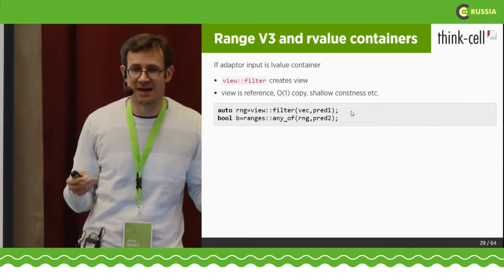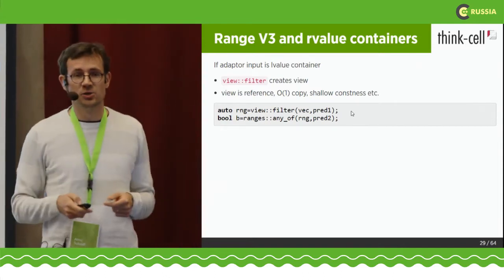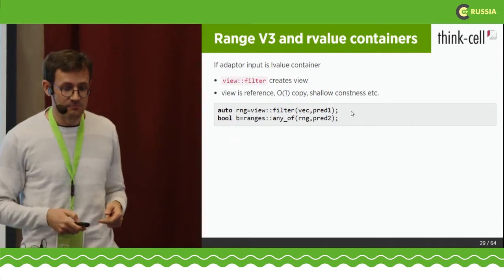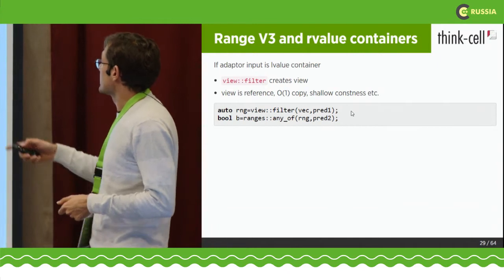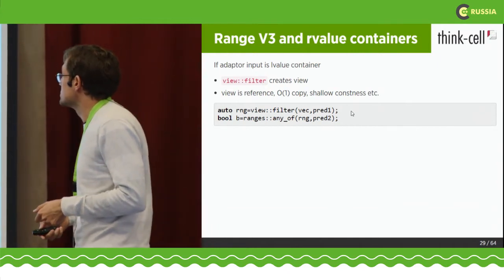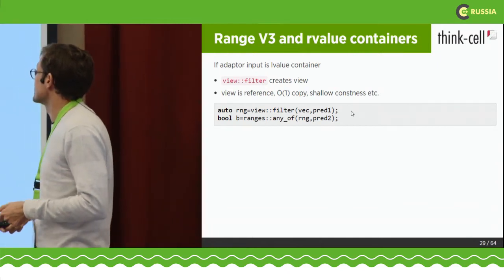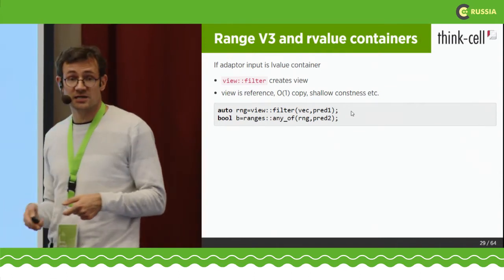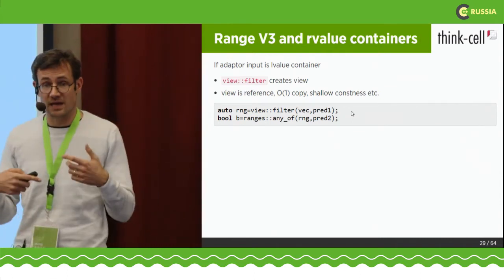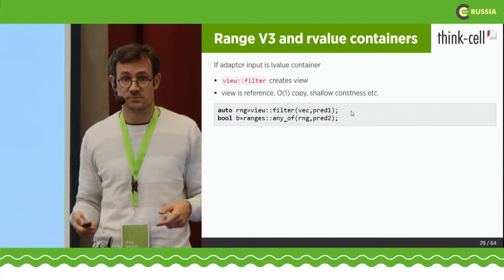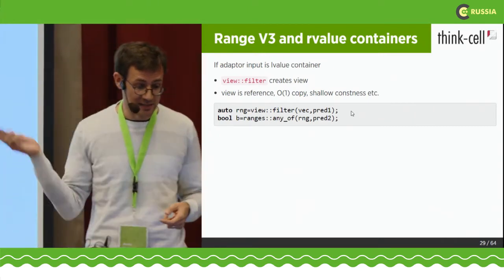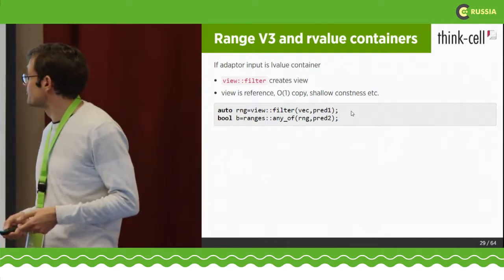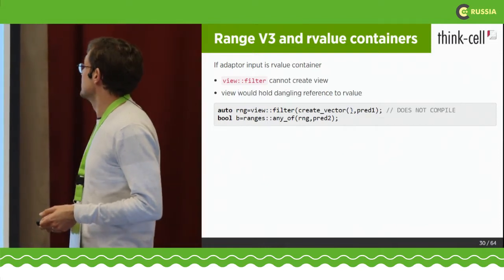They have that kind of iterator semantics. Sounds like a good idea. The problem that arises is the following. Say you do this, looks all good: you filter your vector with a predicate, and the filter object will just aggregate a reference to the vector. So as long as your vec stays alive, everything is hunky-dory, and you can do it just like I wrote here. Now, let's change that a little bit.